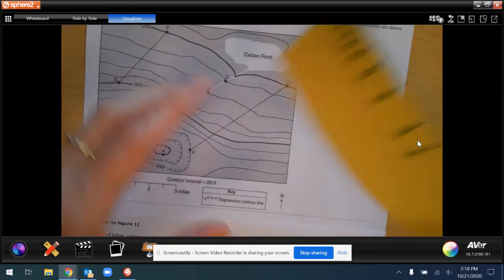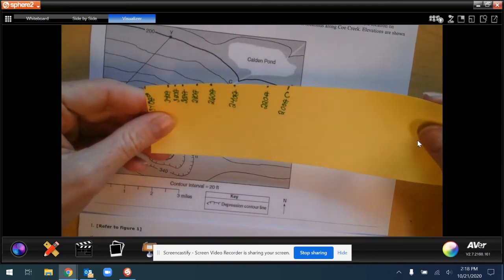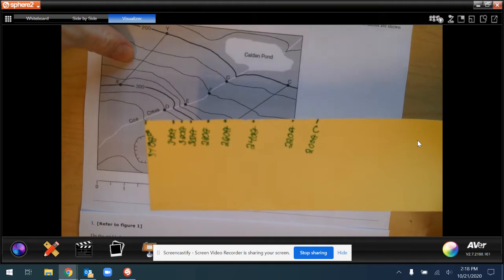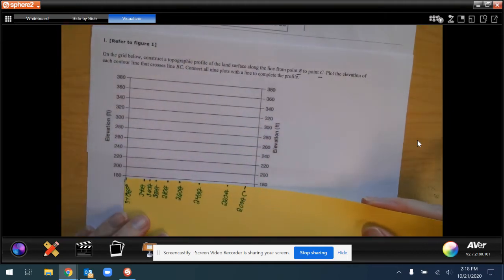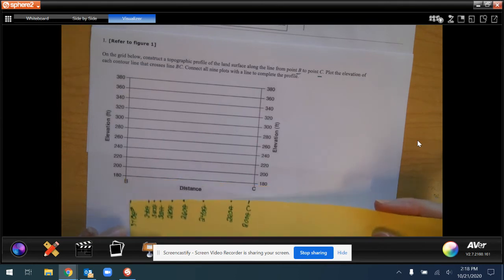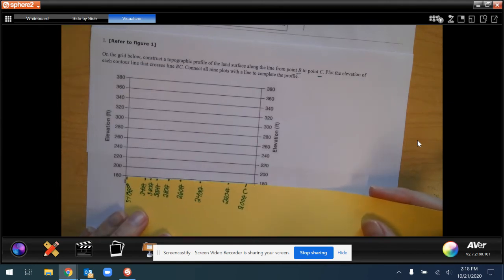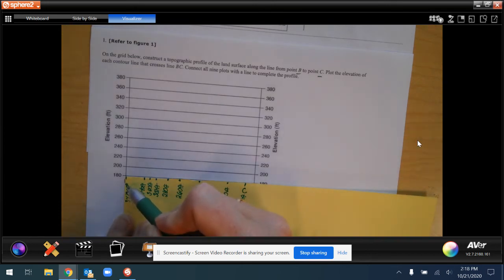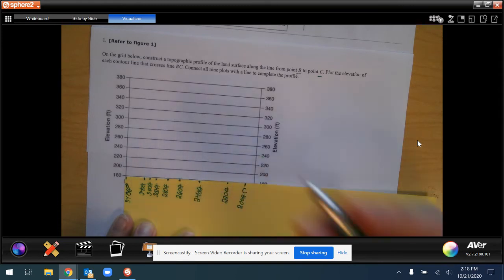So now I'm going to take my magic paper and I am going to transfer it down to my graph. Point B is going to line up with point B along the bottom, and I am going to start plotting. Point B is 340 feet.